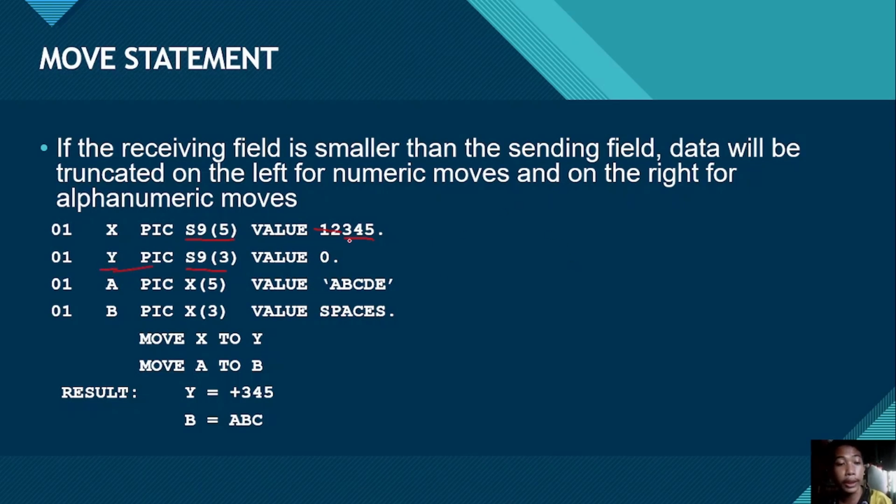For the alphanumeric, it is on the right, meaning when A has 5 and B has 3, we remove 2 from the end, and then copy to the B value.